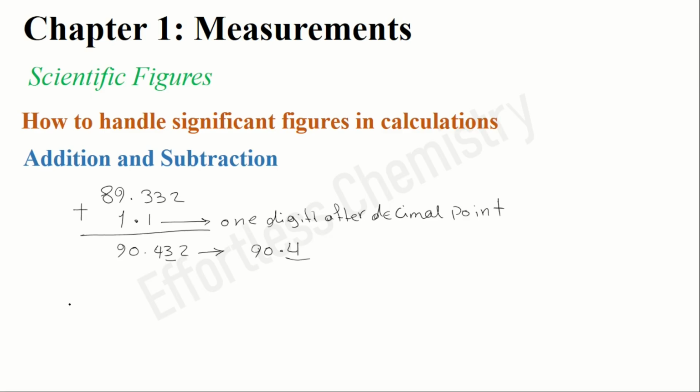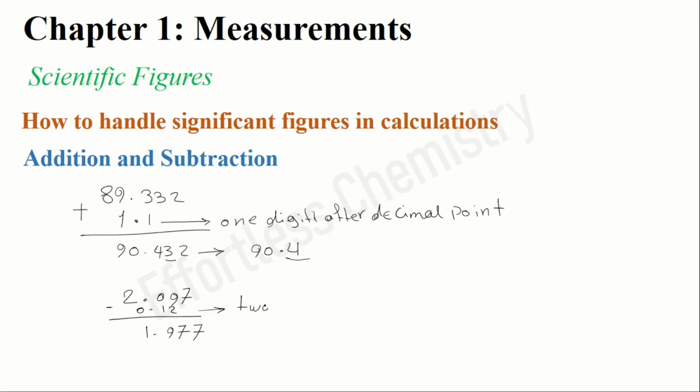For example, for the next calculation that we have, minus 0.12, we have this answer. And here we have 2 digits after the decimal point.